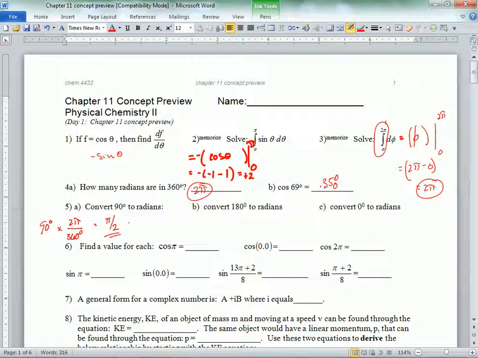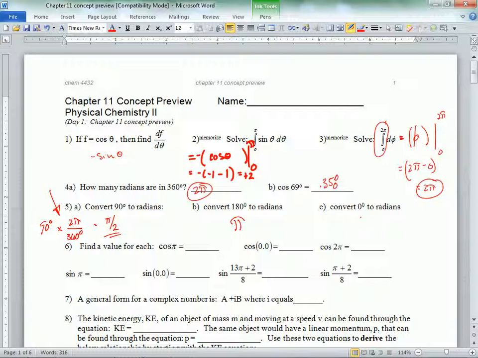You pretty much have to do it this way when it's not one of those simple parts of the unit circle. 180 degrees in radians would be pi. 0 degrees in radians? Not 0. You have 0 degrees. Cosine is the length of the x component on the unit circle.